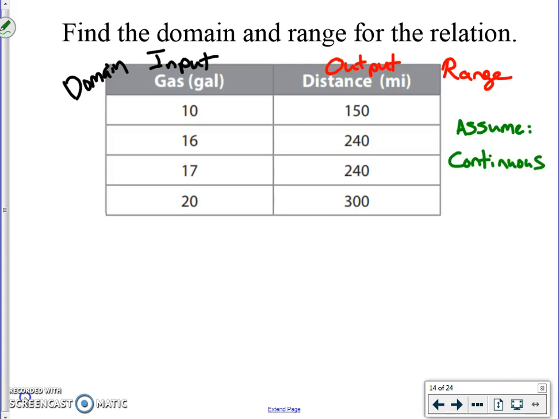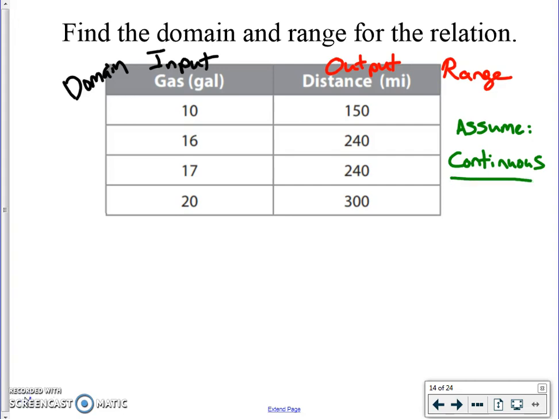Again, continuous doesn't mean I stop. It just means that there are values in between 150 and 240 that I could theoretically travel. There are gallons of gas I could put in my car or consume in my car between 10 and 16. In fact, there's an infinite number of values of gasoline between 10 and 16. They're infinitesimally small, but they are there. And so this is continuous.